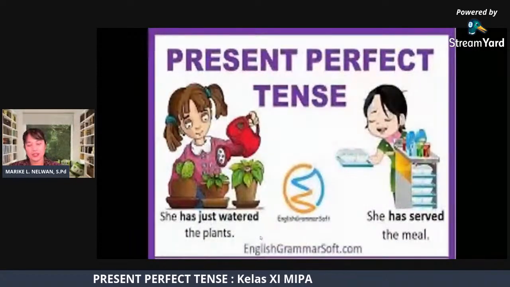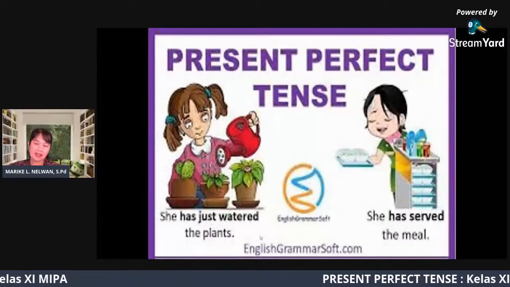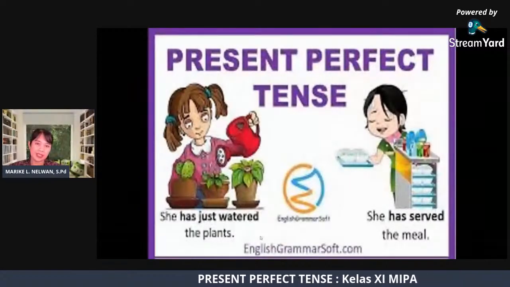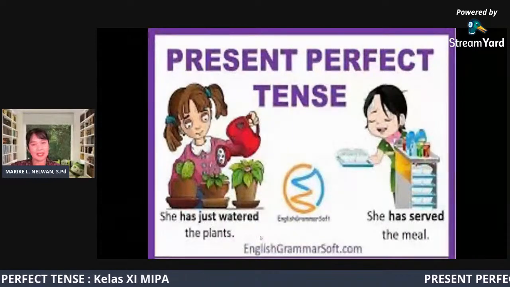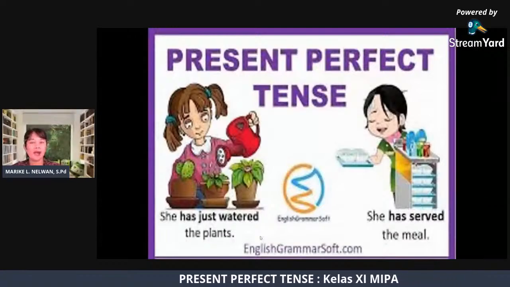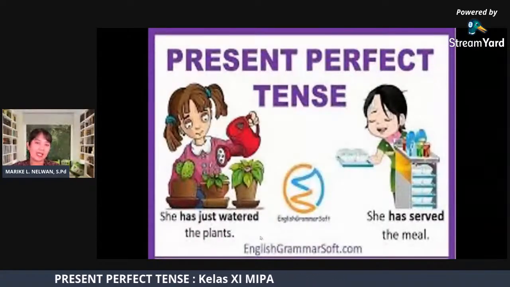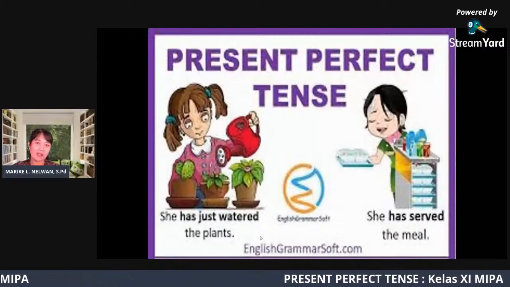All right, my students, before we continue to the material, I want you to think something. Pernahkah kalian ingin mengutarakan sesuatu menggunakan bahasa Inggris tentang sesuatu hal yang sudah selesai kalian lakukan?